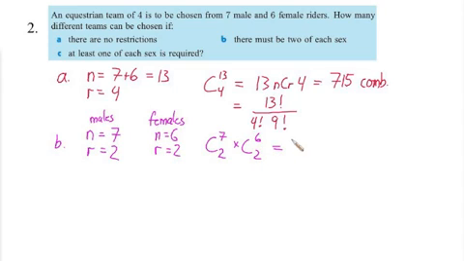Again, using my calculator, that's going to be 7 nCr 2 times 6 nCr 2. And this is going to equal 315 combinations. So, as we would expect, there are fewer combinations because I'm putting restrictions on who can be on the team.